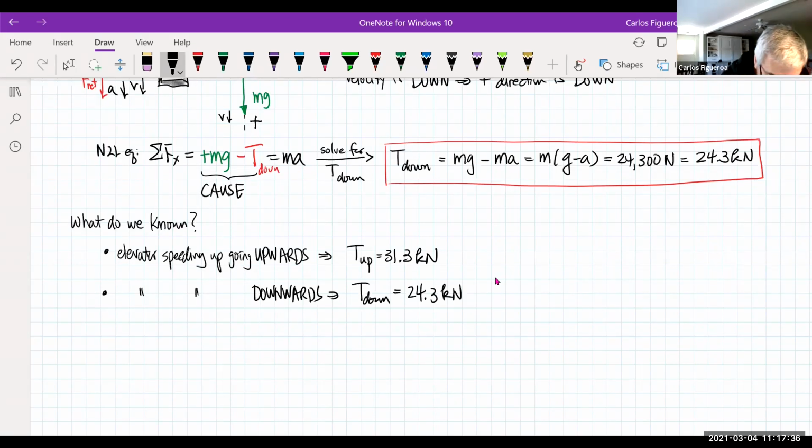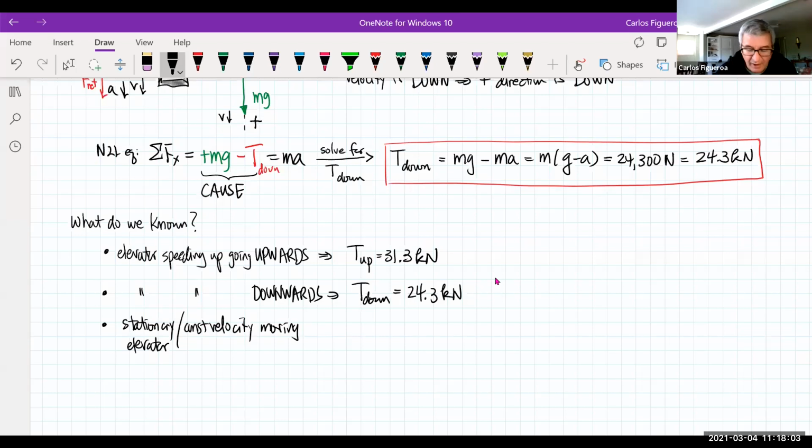So to make a comparison, I'm going to look at a stationary slash constant velocity moving elevator. So if we do that, what am I seeing here?